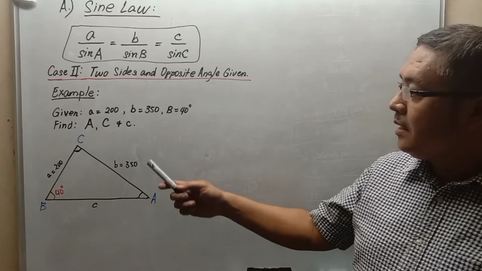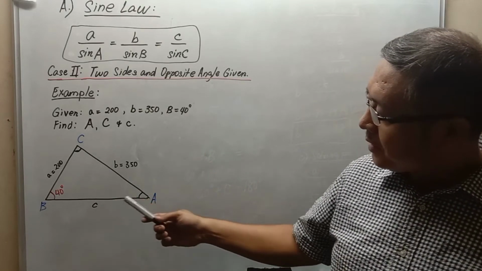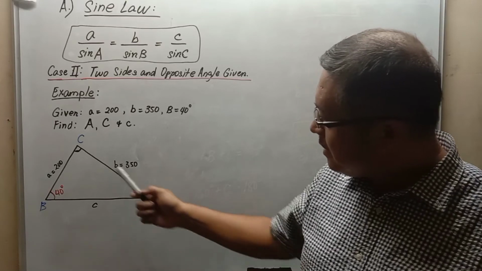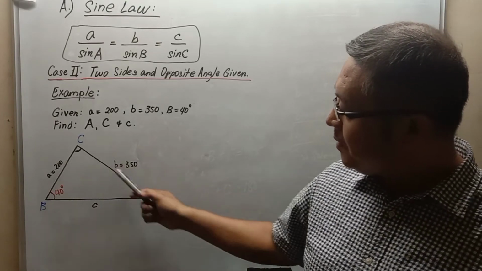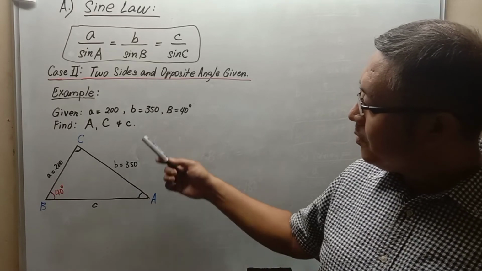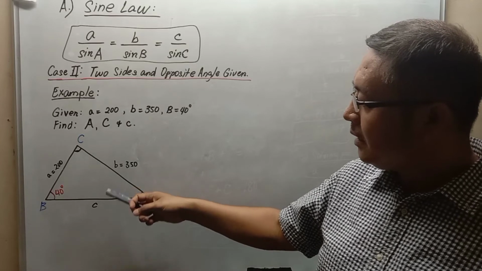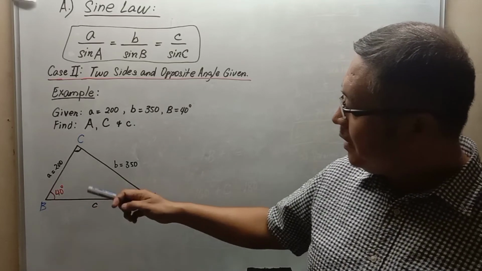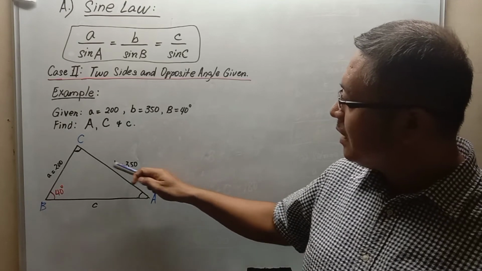Now, as you can see in this board, we have an example oblique triangle, triangle ABC, having three sides A, B, and C. But take note guys, the given value for this particular triangle is angle B, which is equal to 40 degrees. And the two sides are given.